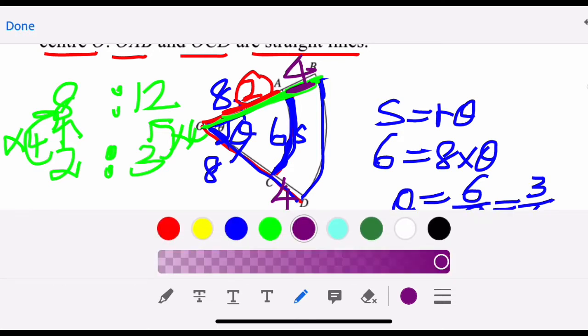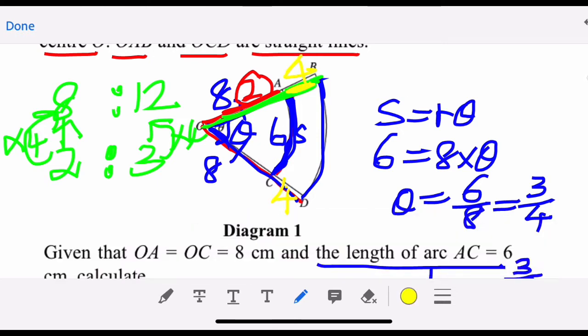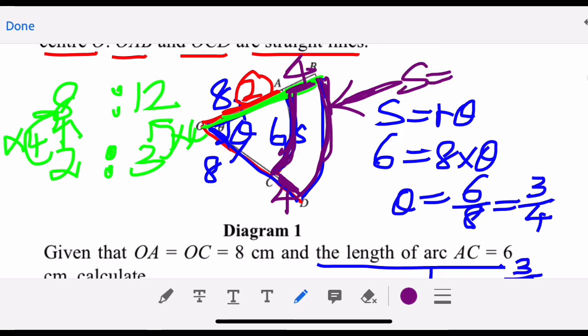One of the arc lengths was given, so you don't have to find it. This one was 6. The other one we have to find using S equals r theta.